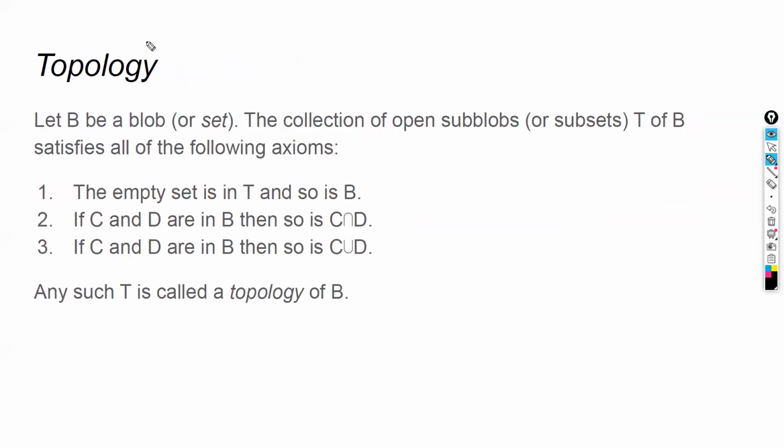So here's the definition of topology. Let B be a blob. The collection of open subblobs T of B is going to satisfy all of the 3 following axioms.